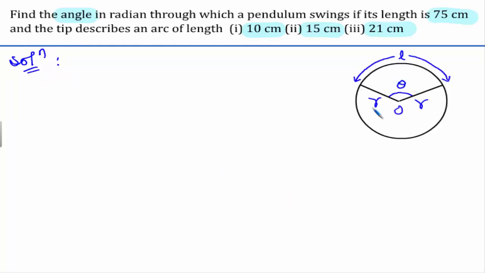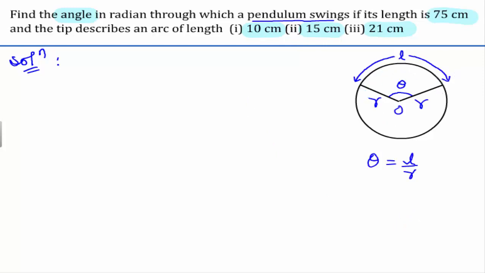We know that if in a circle of radius R, an arc of length L subtends an angle theta radian at the center, then theta is equal to L divided by R. Here the pendulum swings, and the path traced by the pendulum is somewhat like the arc of a circle.